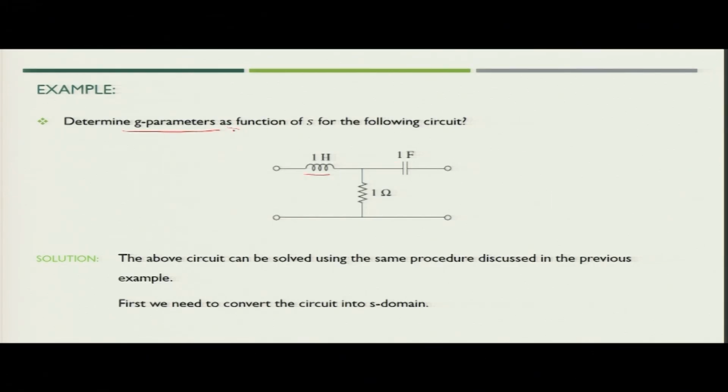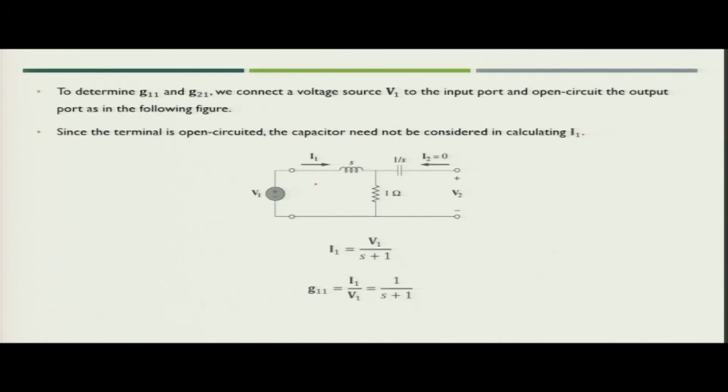We have to find the G parameters as a function of S. So, we have to first convert the circuit into the Laplace domain, that is the S domain. So, 1 Henry in S domain we will say as S, the capacitor will be represented as 1 by S and the resistance will remain the same.